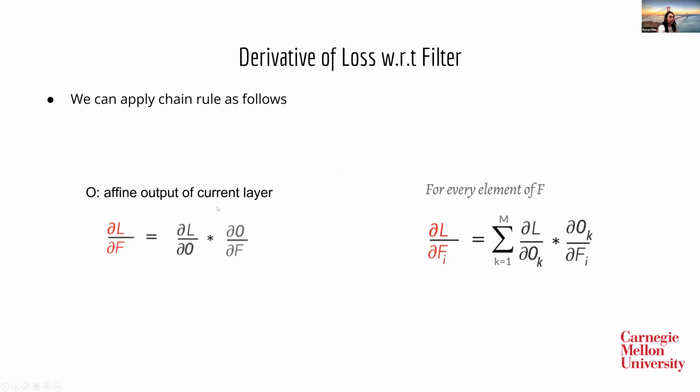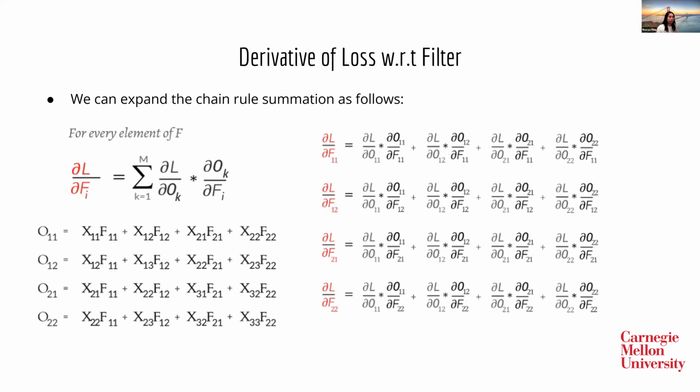This O is the affine output of the current convolutional layer, and L is just the loss. F here is the filter, and if we go deeper, for every element inside this filter, it will be a summation, and I will explain why we need that summation.